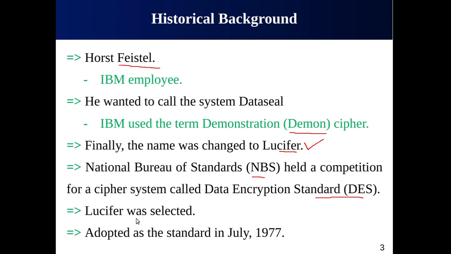And surprisingly, Lucifer was the only algorithm that was accepted by the NBS and by the NSA advisors. So Lucifer was adopted as a standard in 1977, and its final name was changed to DES at that time. So this is the historical background of the DES algorithm.